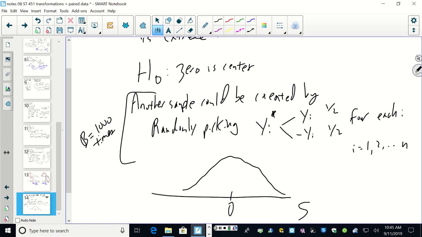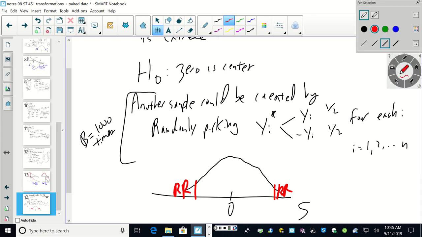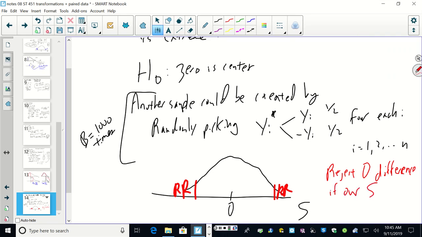And if it was balanced before, then we'll be pretty much in the middle, and our random permutations will have our values in here. But this will be our rejection region. In this case, we're going to reject the null hypothesis, reject zero difference, if our value of S is extreme relative to this.